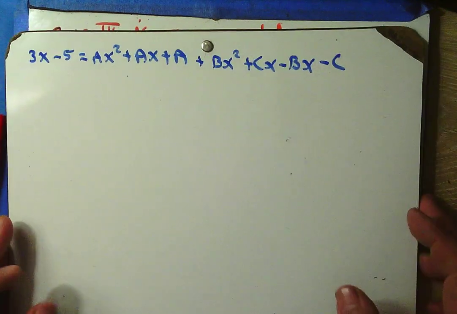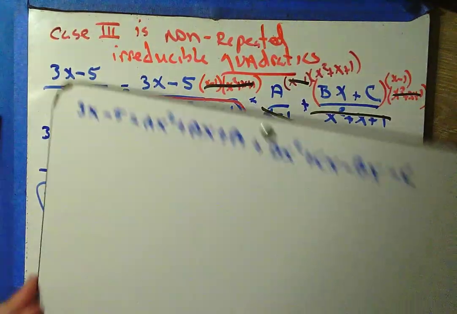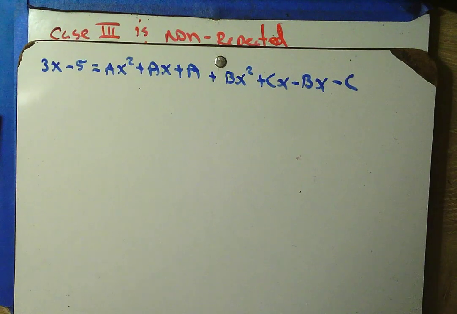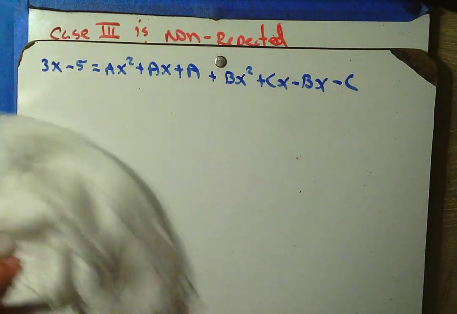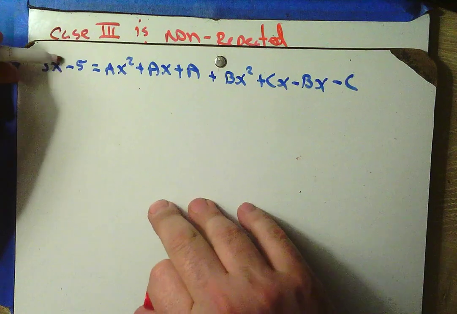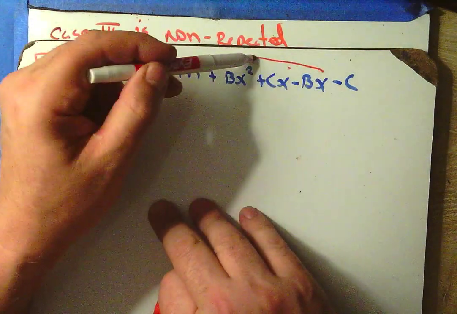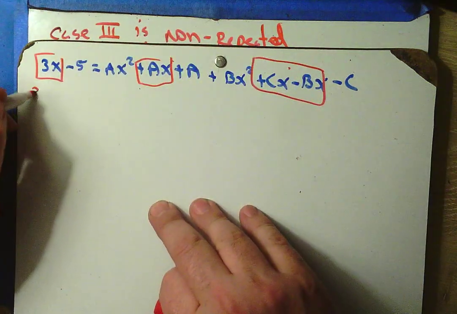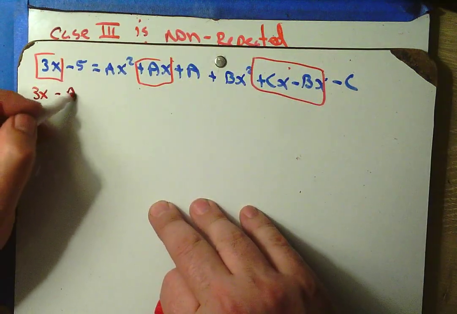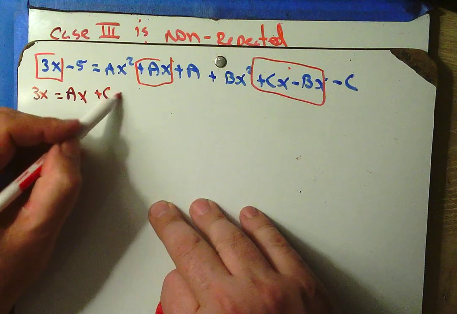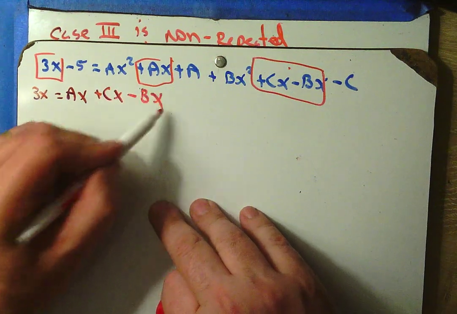Okay, so we've got this, and we're supposed to group things. So I'm going to take all the x to the first stuff and group it into an equation. And so I'll have 3x equals ax plus cx minus bx.